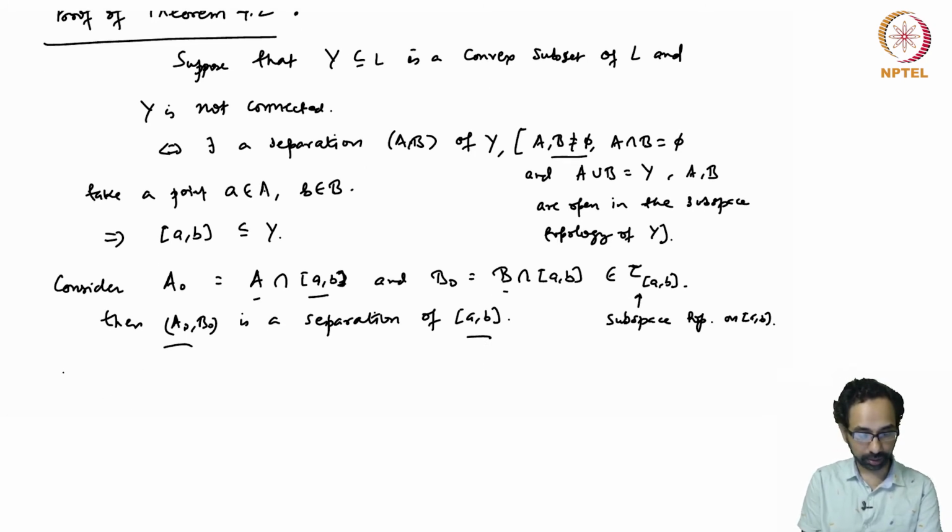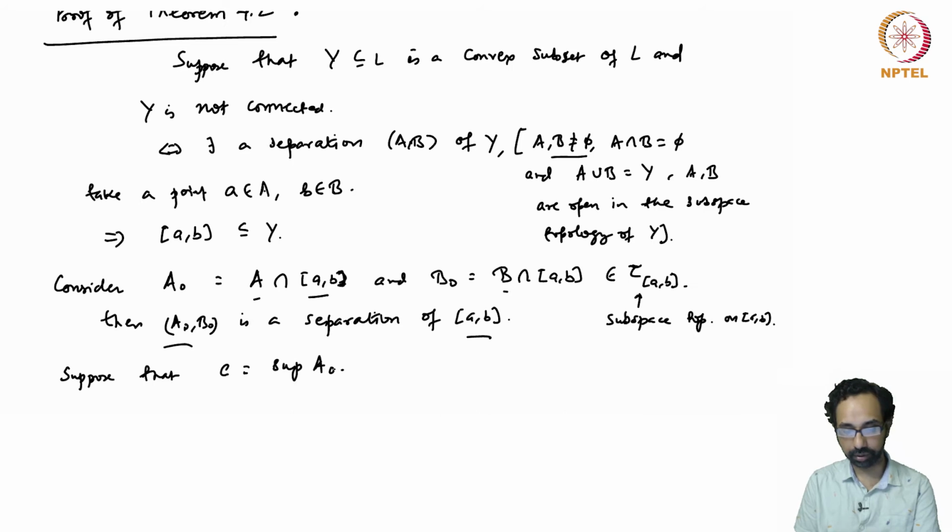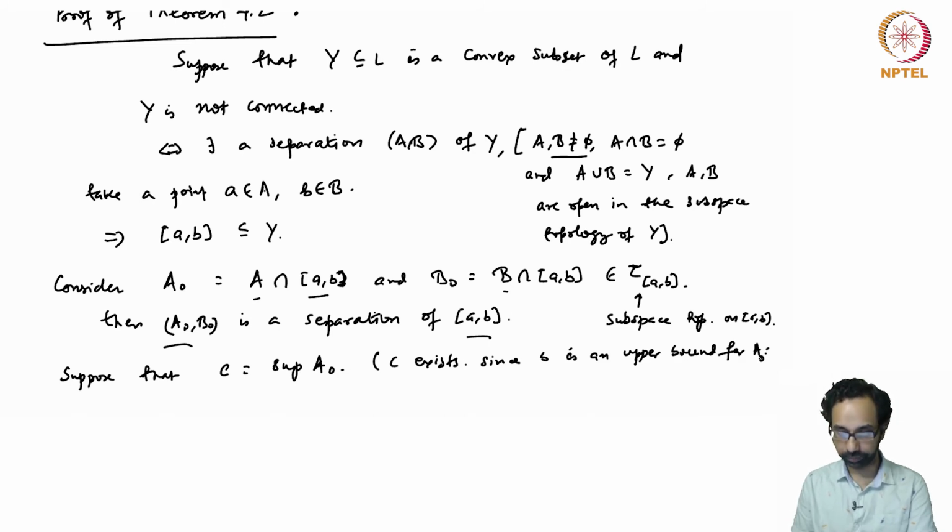Now let's suppose that c is the supremum of the set A0. So c exists because b is an upper bound for A0.